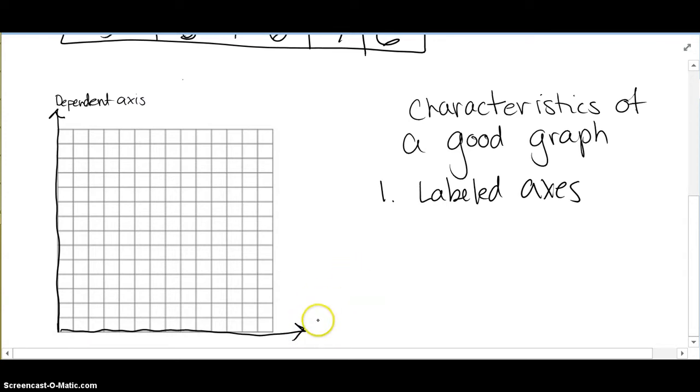In math class, we call it the independent axis. The reason we don't call them x and y is because sometimes x will be on the dependent axis because x stands for position. So in physics, we tend not to call them the x and y axes because x has a special meaning in physics, and so does y sometimes.